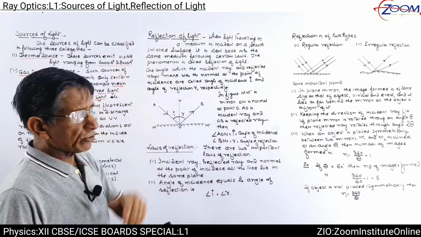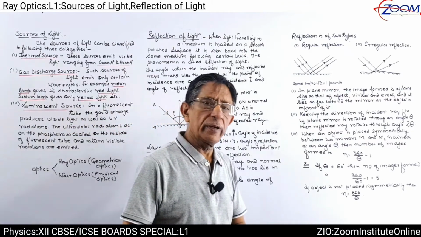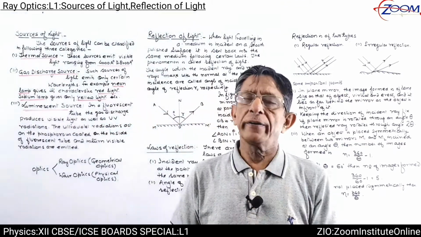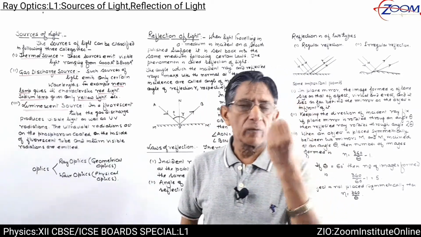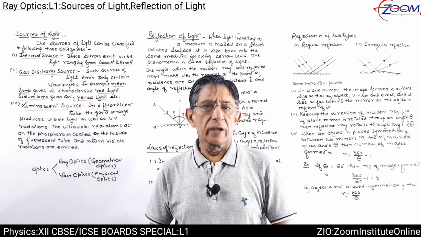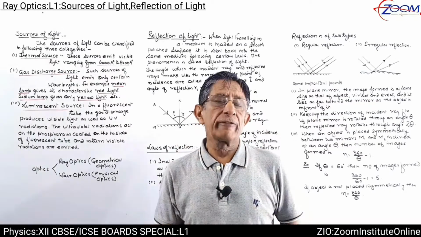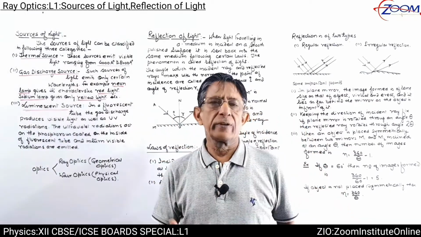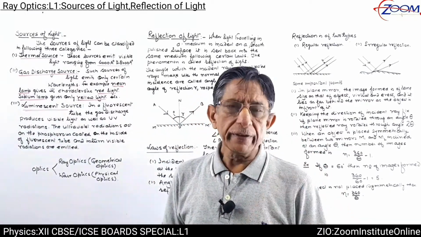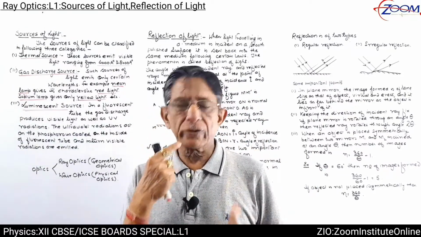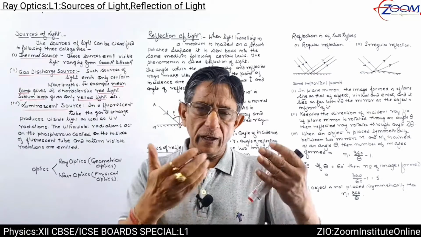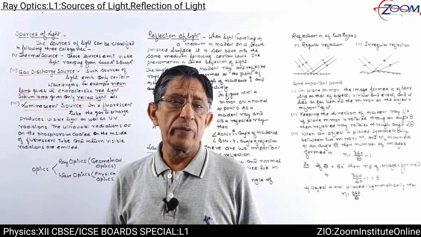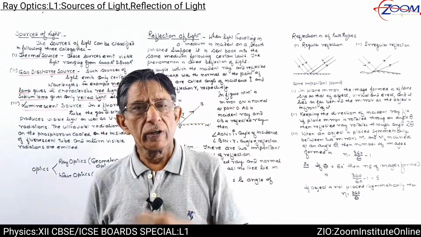Now, the very first topic of optics is reflection of light. What do you mean by reflection of light? Reflection is a very common word. Students, when light strikes on a polished surface, it bounces back in the same medium. When the light strikes on a polished surface, for example a mirror or any other polished surface, then the light is bounced back in the same medium and the phenomenon is called reflection.